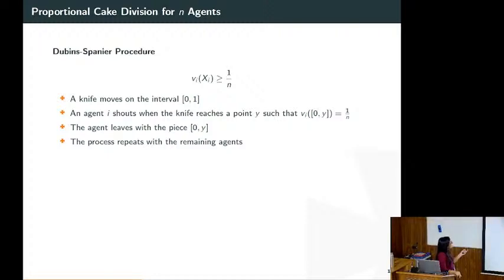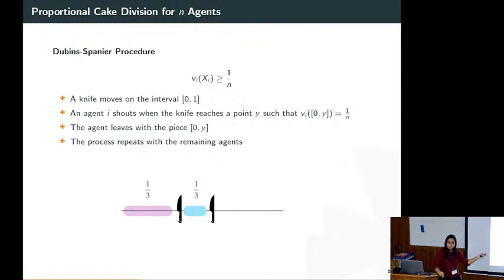We consider this interval 0, 1 again, and we move a knife from the left end point, and we keep moving the knife until an agent shouts, "Hey, stop! This point is now a point where I value this fraction at 1 by n of my value."